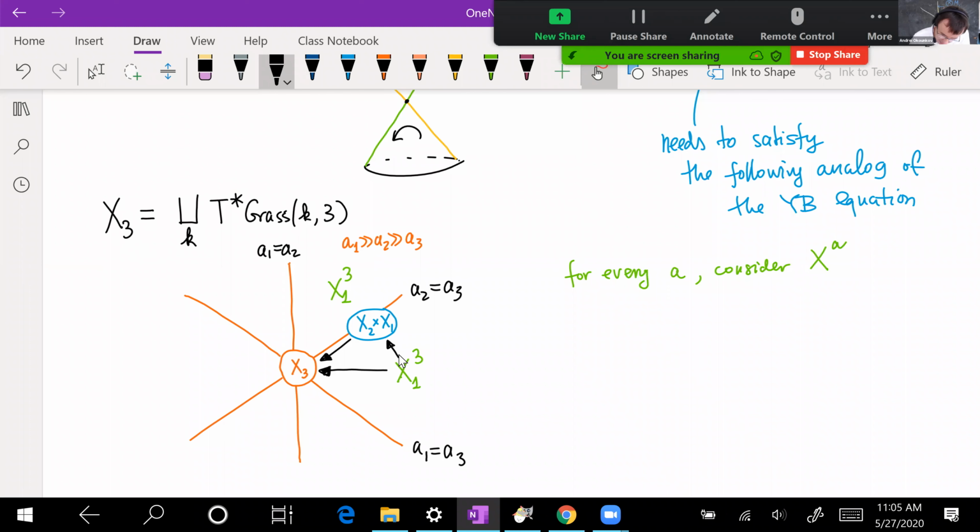For every stratum in this picture, these triangles need to commute. So instead of a Yang-Baxter equation, all these triangles need to commute. That's a requirement. So we have to pick these isomorphisms so that these triangles commute.